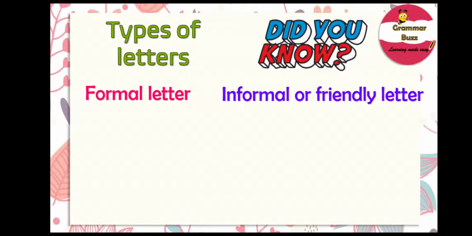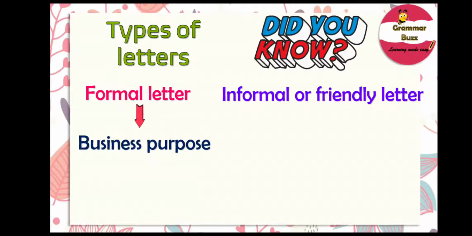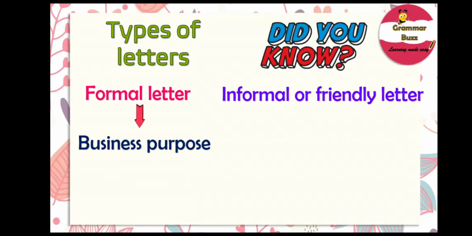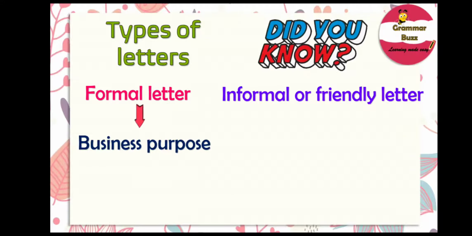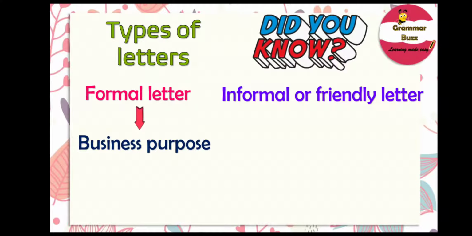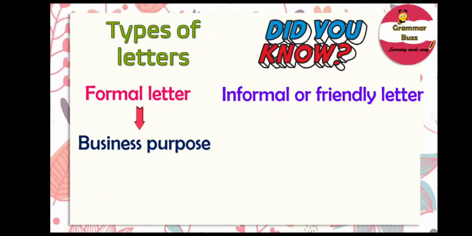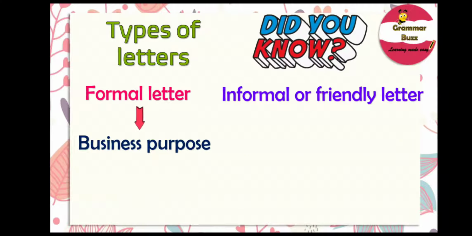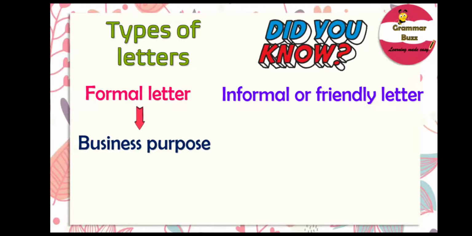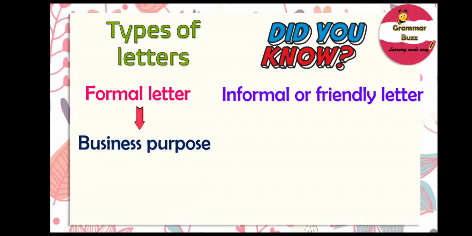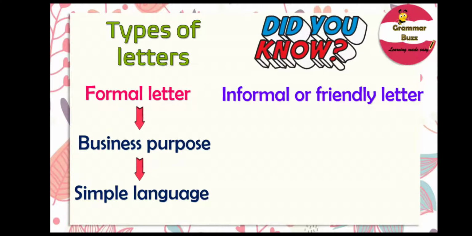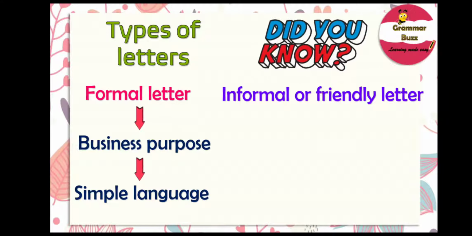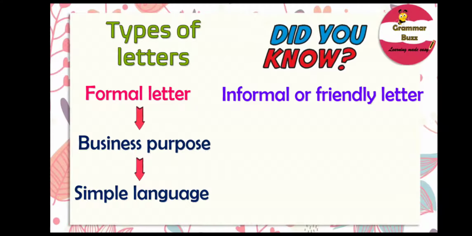Well, a formal letter is written for official or business purposes to authorities, dignitaries, colleagues, seniors, etc., with a specific objective in mind and not to personal contacts like friends or family members. Formal letter is written in simple language that is easy to read and understand.